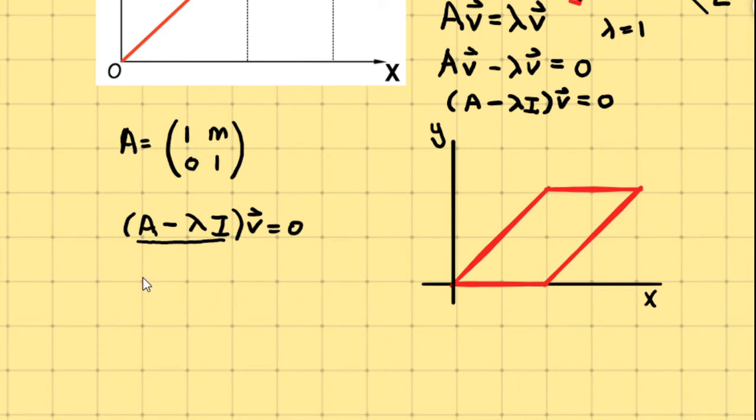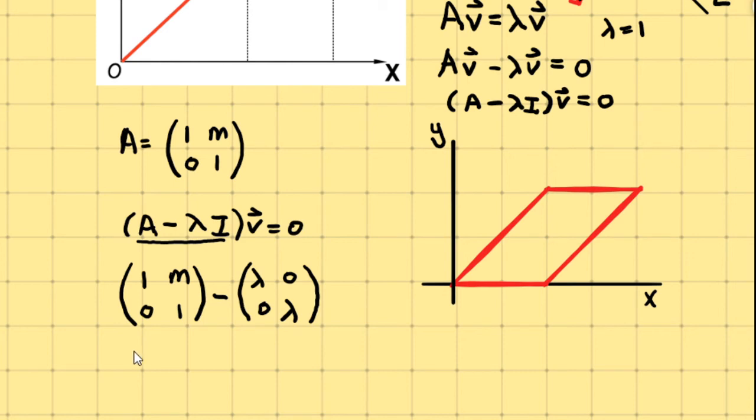Good. So we're going to take our matrix A as 1, m, 0, 1, minus lambda times the identity element, which gives 1 minus lambda, m, 0, 1 minus lambda.